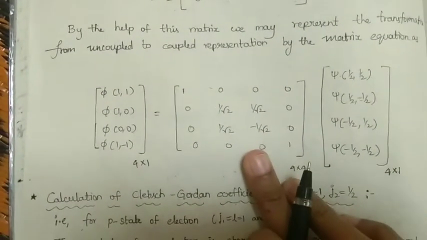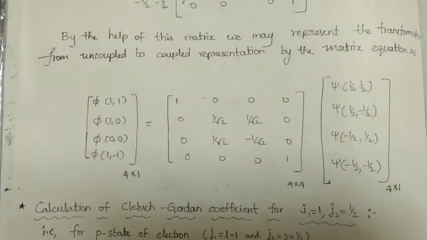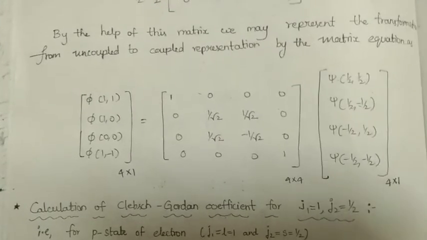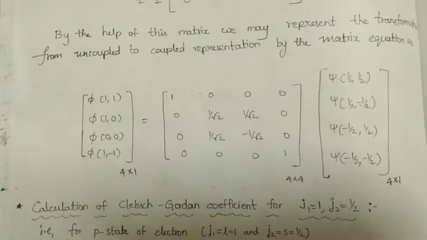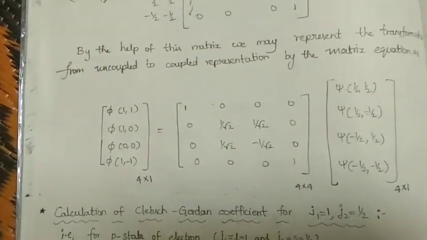This is nothing but a representation of this equation. These equations can be represented in this matrix form. So this is the matrix form of expressing these Clebsch Gordan coefficients, and this is the calculation of Clebsch Gordan coefficients for j1 equals half and j2 equals half. So thank you.